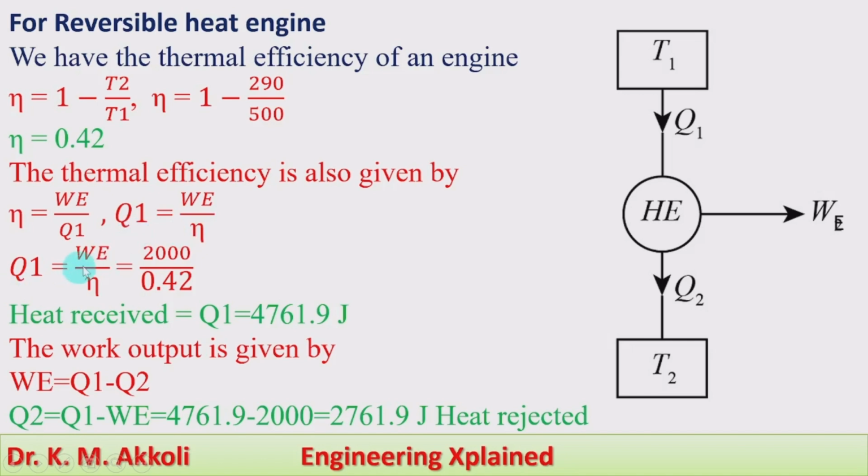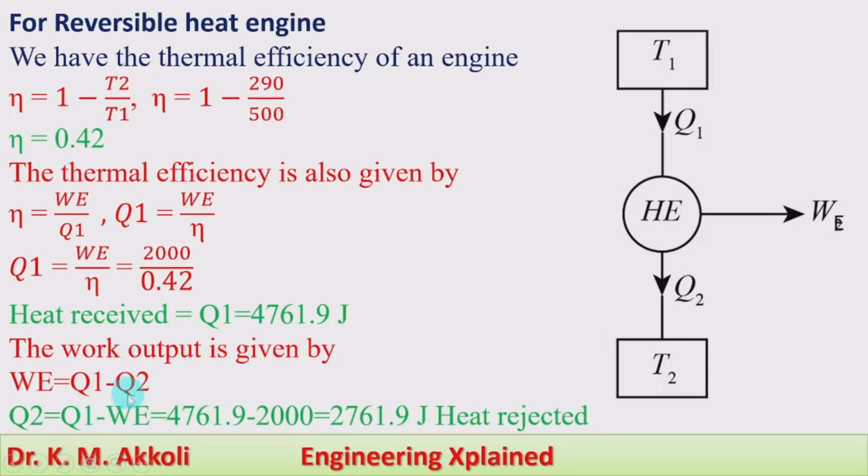Then the value can be substituted, 2000 by 0.42. Therefore, the Q1 heat received is equal to 4761.9 joule.